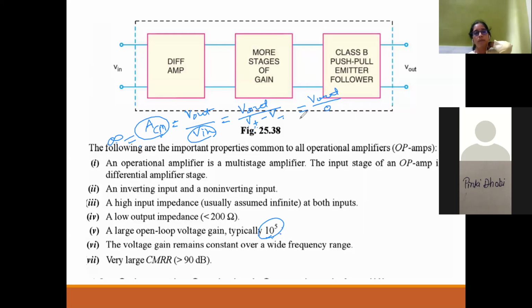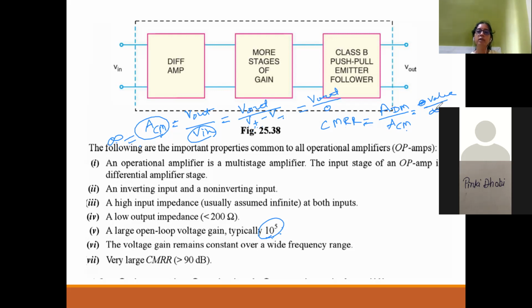So if it is infinite, what is CMRR? The formula for CMRR, common mode rejection ratio, is differential mode gain divided by common mode gain. So now differential mode gain is some finite value, divided by common mode gain which is infinite, right? So it comes out to be 0.